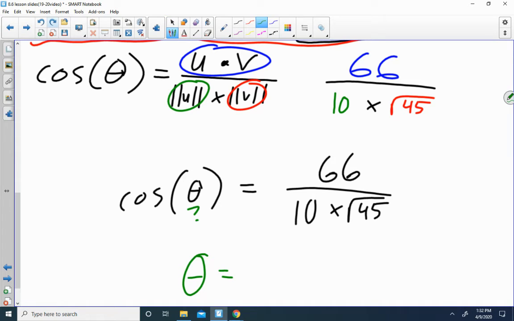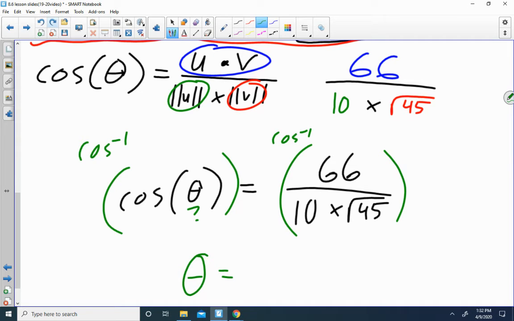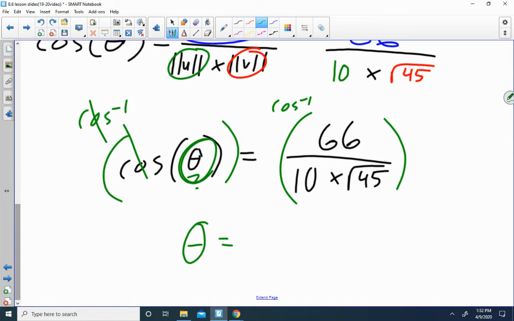And if you remember, in order to eliminate cosine, you have to use its inverse. So we got to do cosine inverse of both sides, and that will make cosine cancel, and that will leave you with just angle theta. All right. So now that's our objective. We can now find what theta is, and this is how we're going to do it.